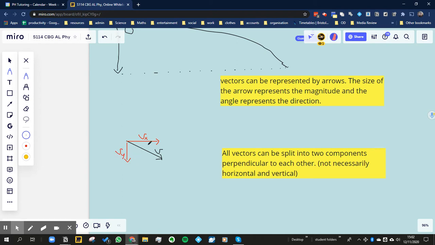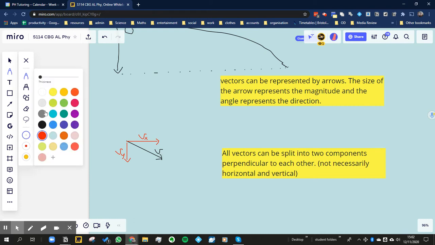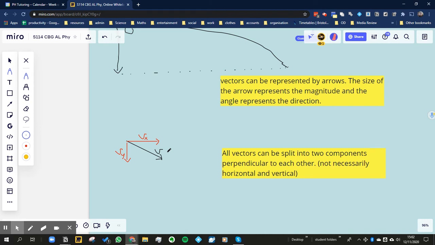But of course, let's say that the actual velocity the thing is moving at is equal to 5 meters per second, and let's say that it's moving at an angle to the horizontal of 20 degrees. Would you be able to find the horizontal and vertical components of this velocity?